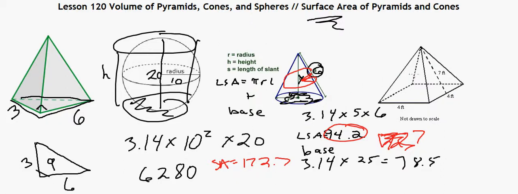This last one, to find surface area, we're going to find the area of the base, which is just a 4 by 4 square. 4 times 4 is 16 square inches, we'll say. Now, notice how each face is just its own triangle, and the triangle's real height is 3 feet. So 3 times the base of the triangle, 4, divided by 2. Area of a triangle, right? 3 times 4 divided by 2 is 6.